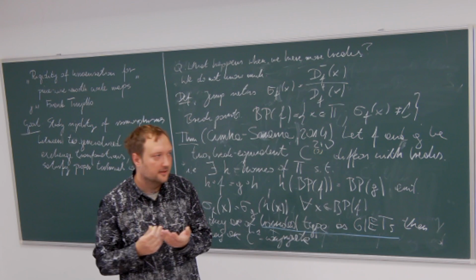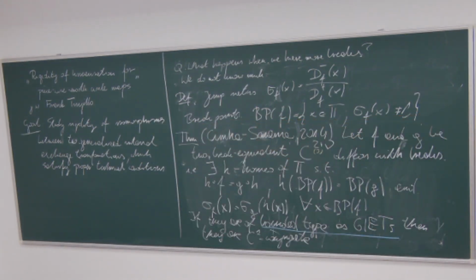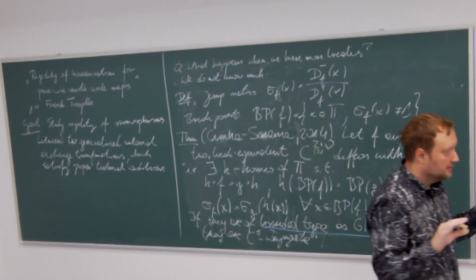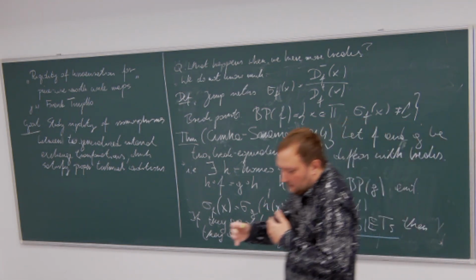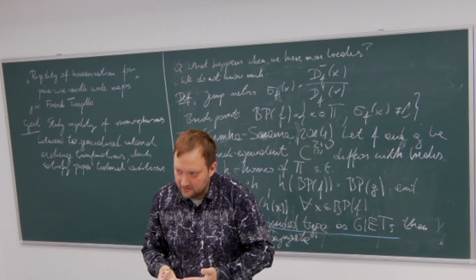For example, we want to know that the lengths of the intervals which are exchanged do not shrink too fast to 0.